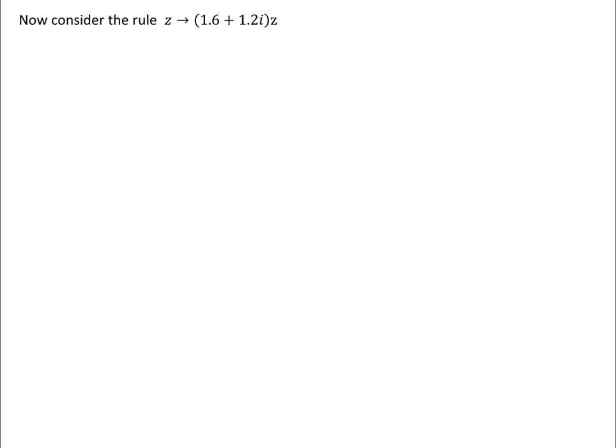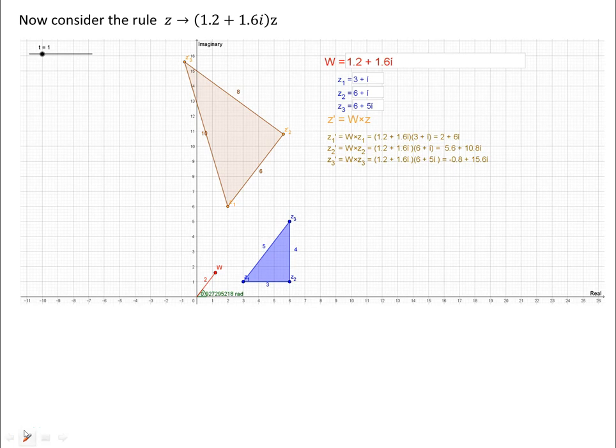Now let's have a look at what happens if we take a complex number and multiply it by 1.2 plus 1.6i. So here we've got the output from GeoGebra illustrating this rule. z goes to 1.2 plus 1.6i times z.